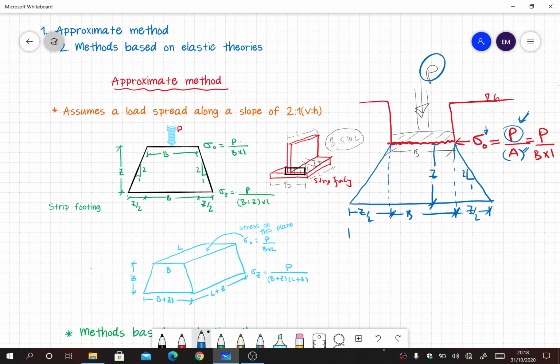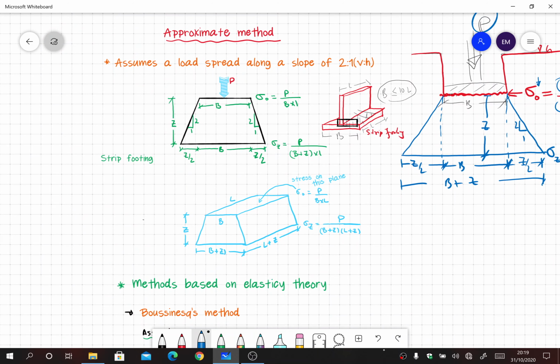So if we add the things up, it will be B plus Z. So naturally, stress at depth Z will be P over (B plus Z), and obviously 1 on that side. So now you see P is constant, but this value has increased. Previously it was only B, and now it is B plus Z. So that means intensity is reducing, and the approximate method says this intensity is reducing by using this trapezoidal diagram, where we increase the area of effect by a ratio of 2:1.